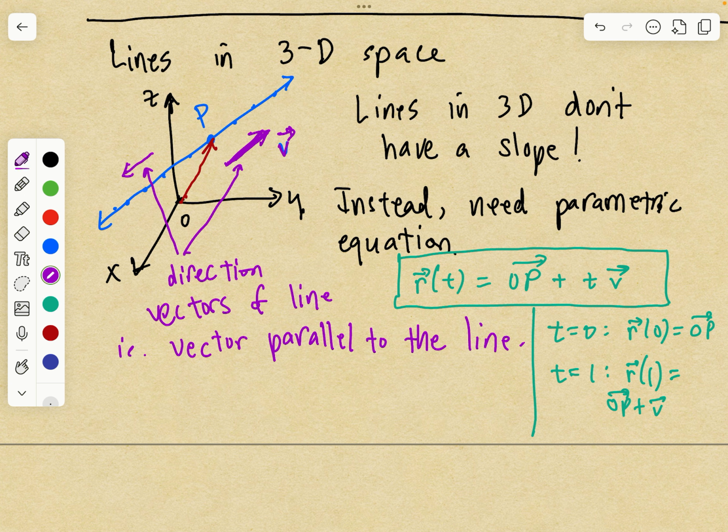So you have OP, so you're here, and then you add V, and then the result is going to be this vector here, which is also on the line.